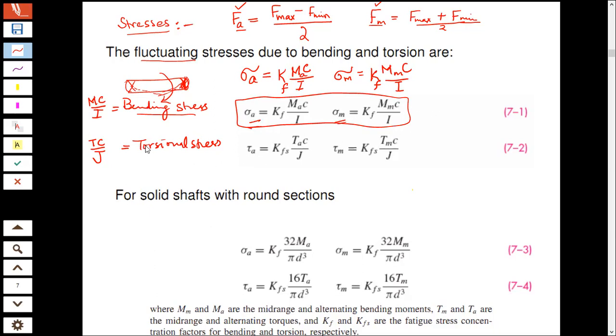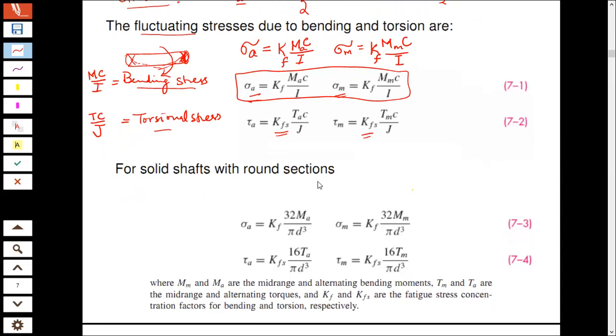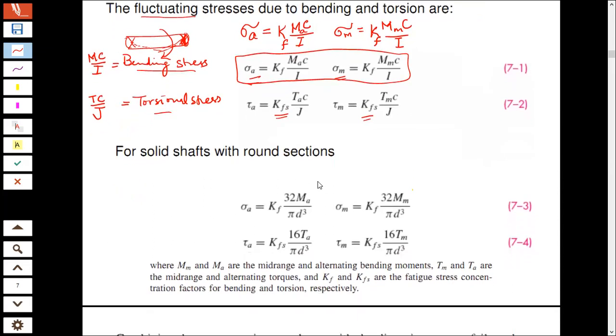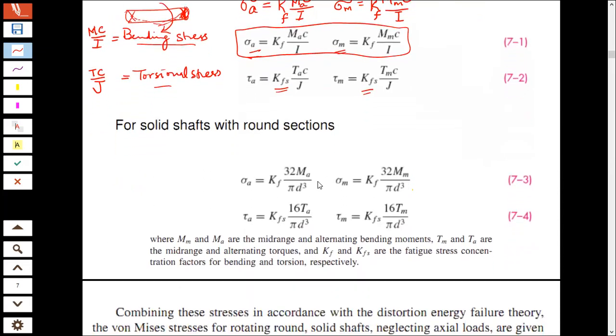Similarly, I'll have torsional stress, which is Tc by J, but there is going to be a stress concentration factor Kfs there. Okay? Now, let's write equations of stresses for a shaft.